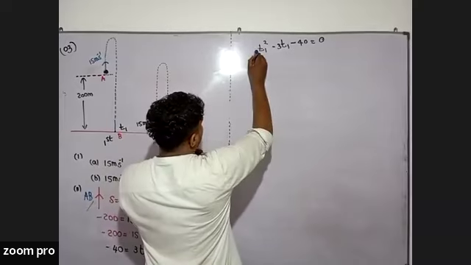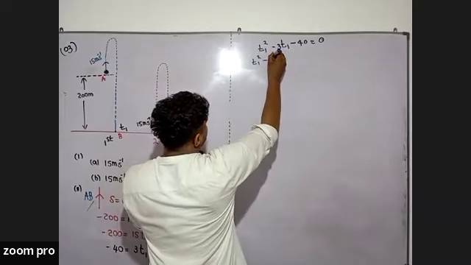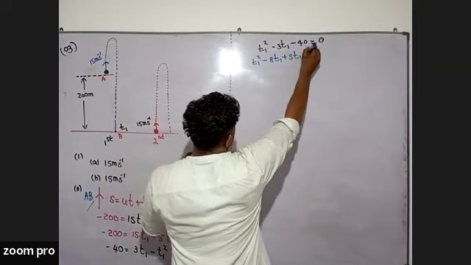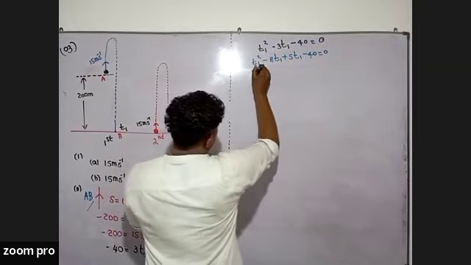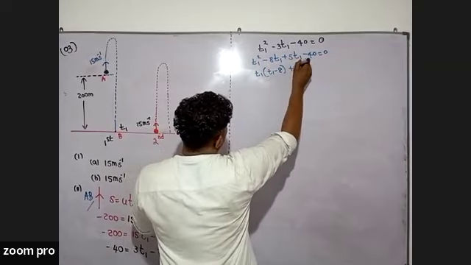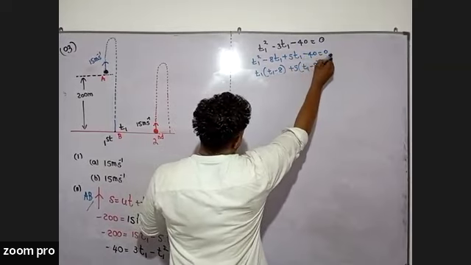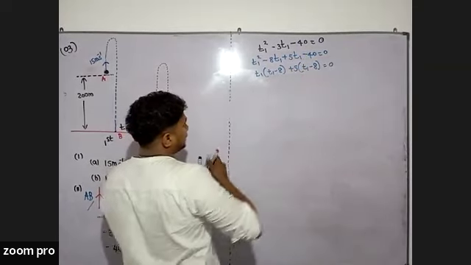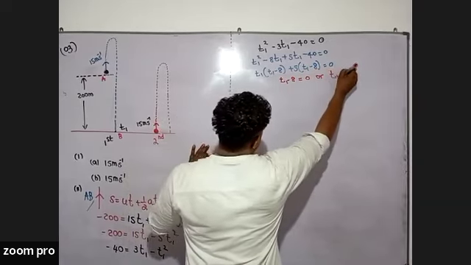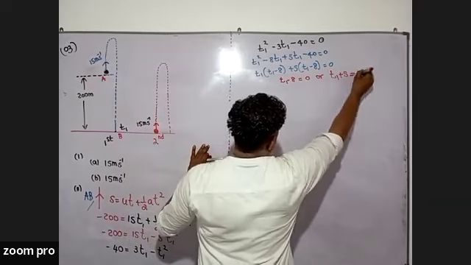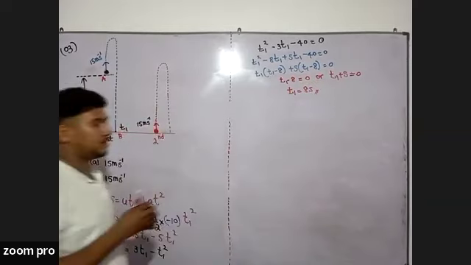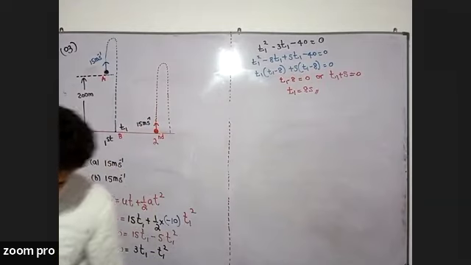So it's t1 squared minus 8 t1 plus 5 t1 minus 40 equals 0. You can figure out that t1 minus 8 equals 0 or t1 plus 5 equals 0. So t1 equals 8 seconds, because time cannot be a negative value. So the answer is t equals 8 seconds.